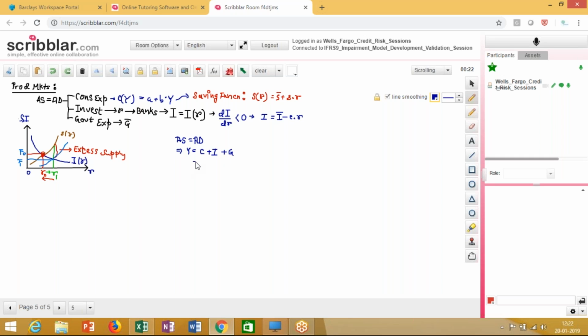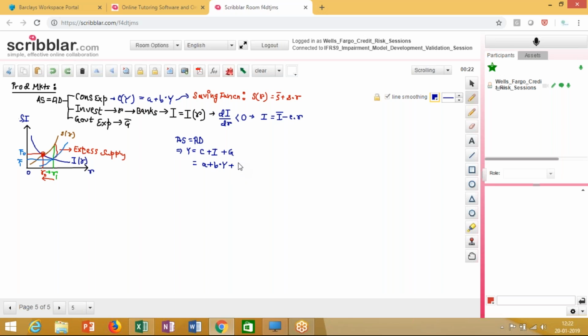So over here we say that the consumption expenditure is proportional to the income, right?